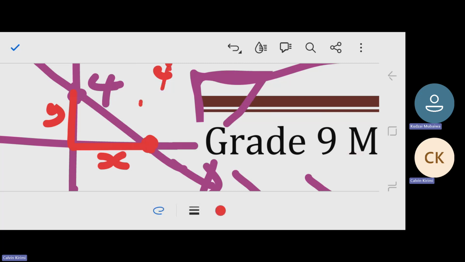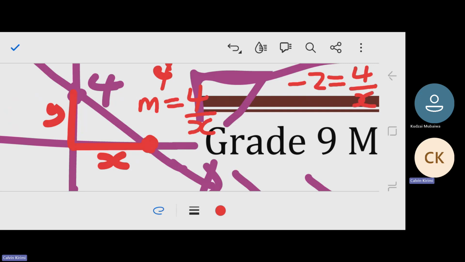So you are saying your m is equal to the increase in y, 4 units in y, over the increase in x. You don't know the increase in x. But I know the m is negative 2, isn't it? Yes. Negative 2 is equal to 4 over x. So what is x equal to?